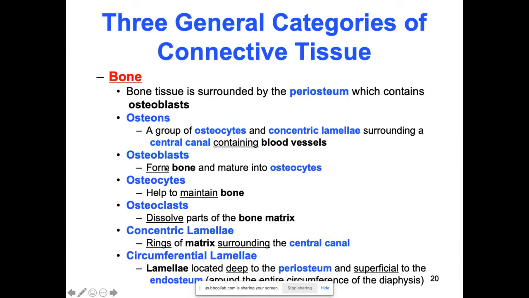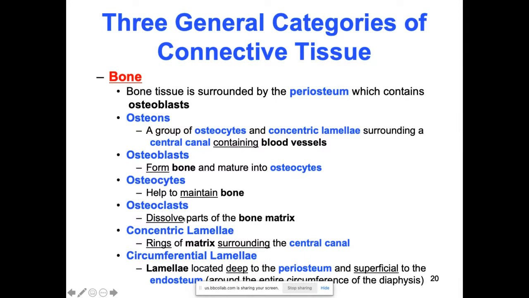And the osteoblast is going to get stuck in this matrix because it can't move and get out of itself. The osteoblast now changes its name to an osteocyte. So the osteoblast gets stuck in its matrix, and now it's called an osteocyte, and that's going to help maintain the bone.